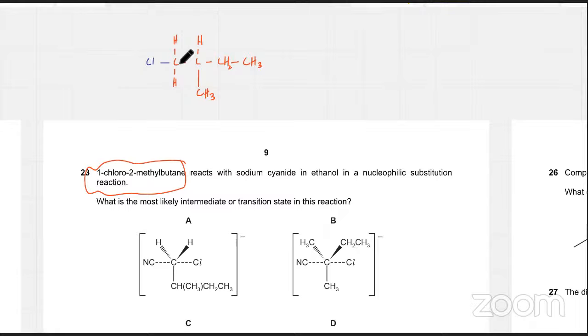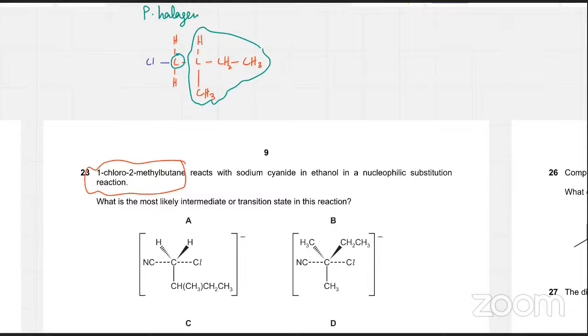This carbon atom over here is a primary halogenoalkane, because whenever the carbon is bonded to a carbon chain on only one side, and on the other two sides there are hydrogen atoms, then that's a primary halogenoalkane.